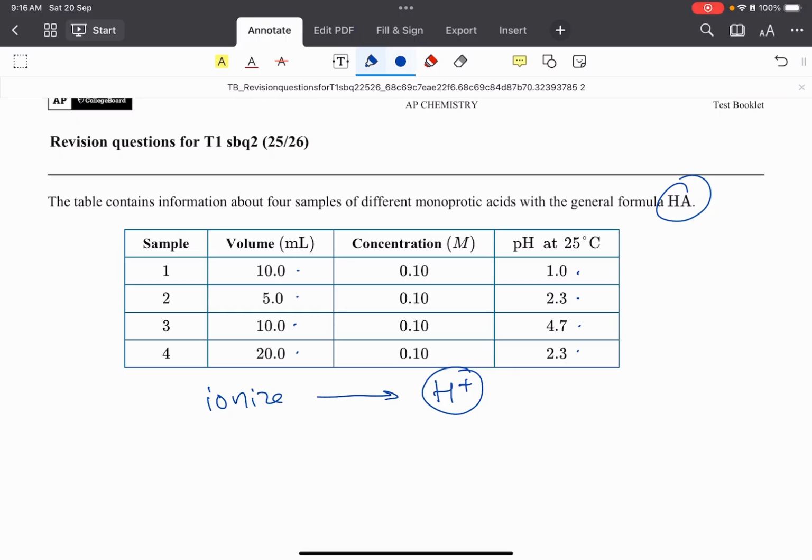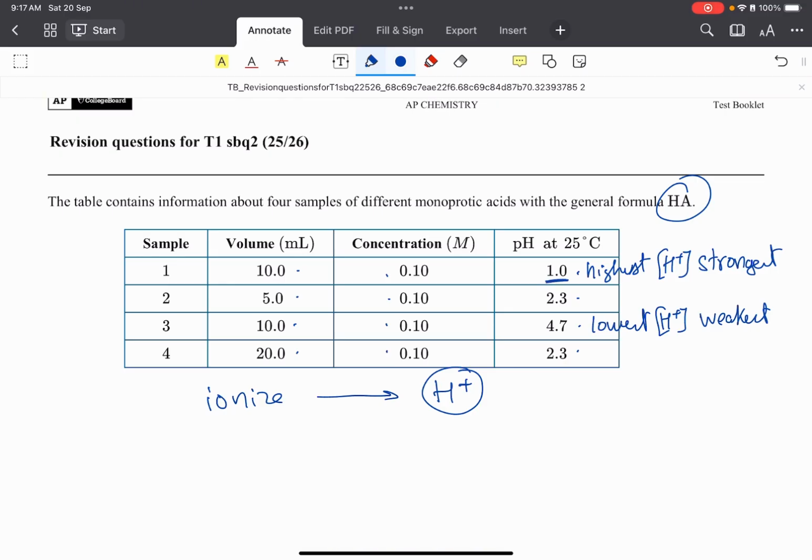This one has the highest concentration of H plus, and this one produced the lowest concentration of H plus, which means among all these acids, having the same concentration, this is the weakest because it didn't ionize so much to produce H plus, and that's the strongest.